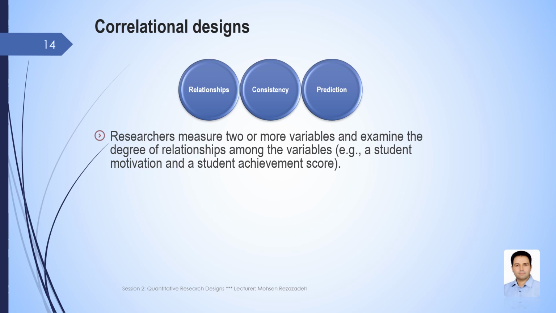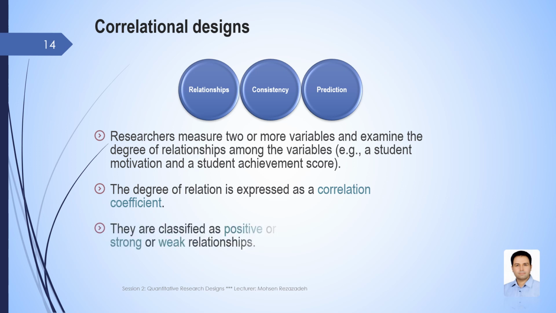These are all examples of relationship questions. In fact, the degree of relationship is expressed as a correlation coefficient. And they are classified as positive correlation or negative correlation, and also tend to show strong and weak relationships.